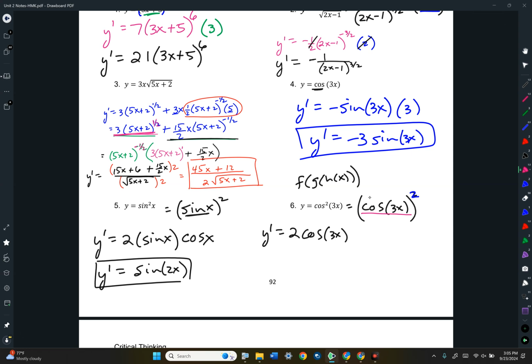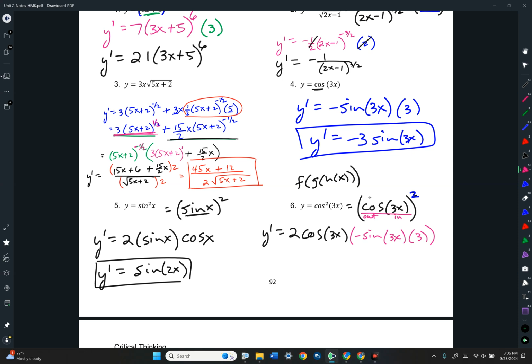But in order to do this inside, do you see that it is its own chain rule? Because the cosine is going to be the outside and the 3x is going to be the inside. So I'm going to say the derivative of cosine is negative sine of the same angle, and now times the derivative of the inside, so times 3. So do you see that in this case, I had kind of a 3-layered chain rule.